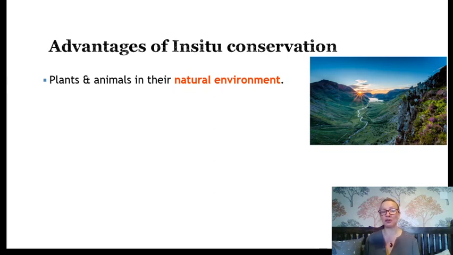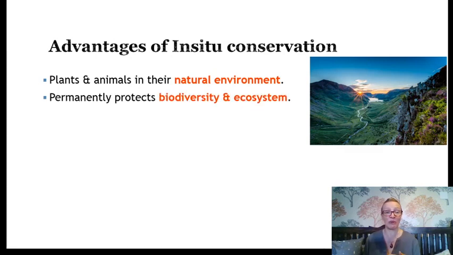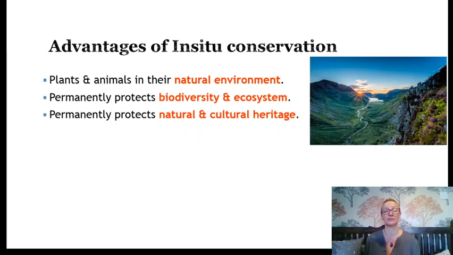So there are a number of advantages of in situ conservation. First of all, it's looking after plants and animals in their natural environment, which is always best, to look after them in their own habitat. Permanently protects biodiversity and the ecosystem of that whole area. So not just one species, lots of different species that are going to be protected.